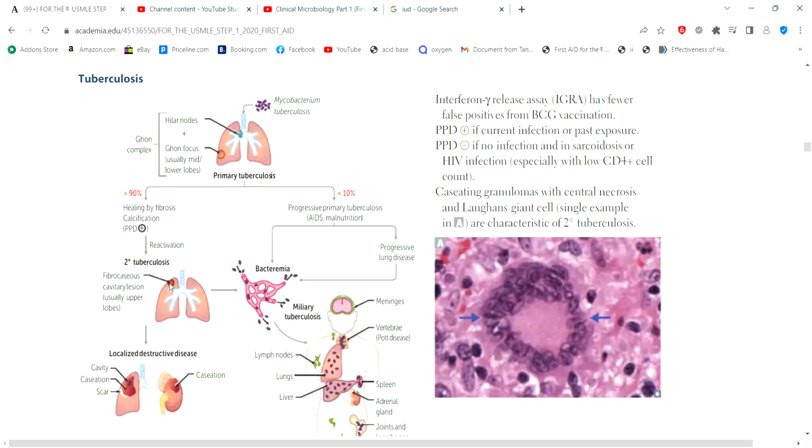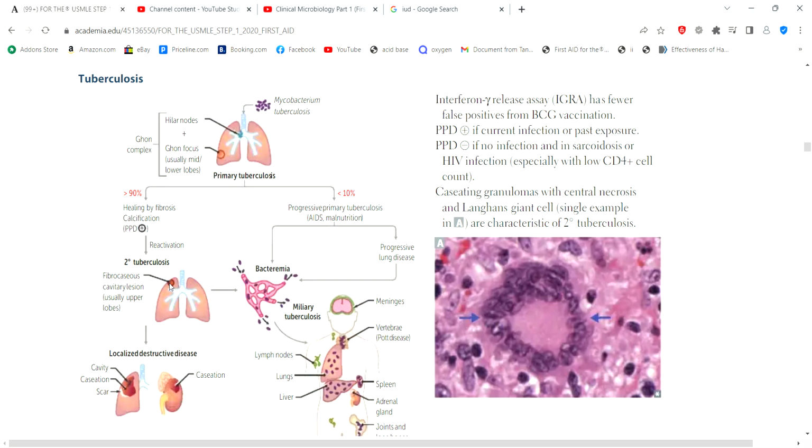Okay, now the PPD test will be negative if there is no infection, and in sarcoidosis or HIV infection, especially with a low CD4 count. In HIV, no CD4 T cells and no Th1 response, so no macrophages. So macrophages will not come to the PPD site to fight TB.